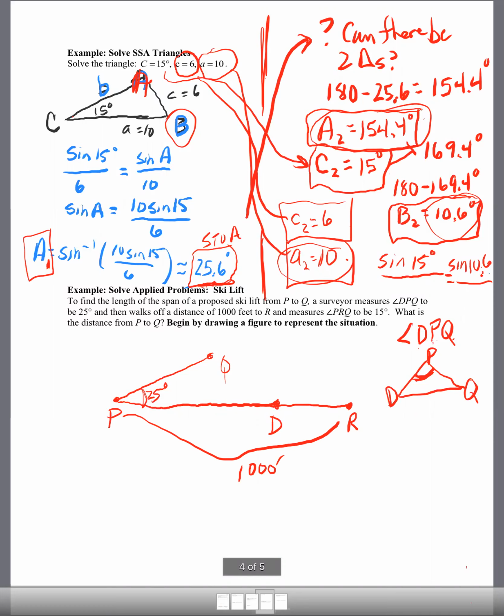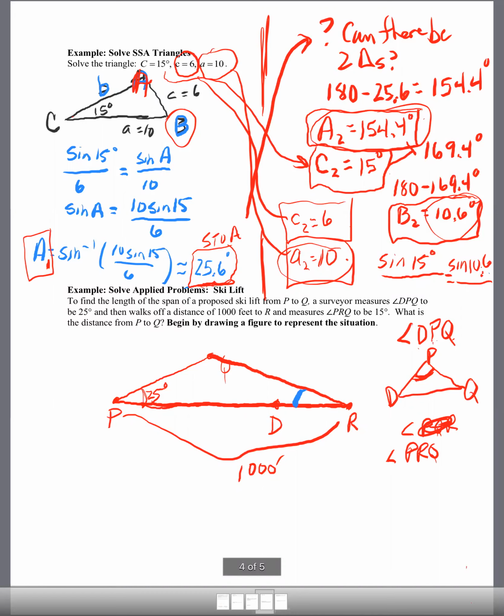They then tell us that the angle PRQ is 15 degrees. So let's follow that name. PRQ is the name of the angle. So we start at P, we go to R. I wrote this one wrong, sorry about that. PRQ is what it says. So we go from P to R and then back to Q. So the angle that we just measured is this angle right here.